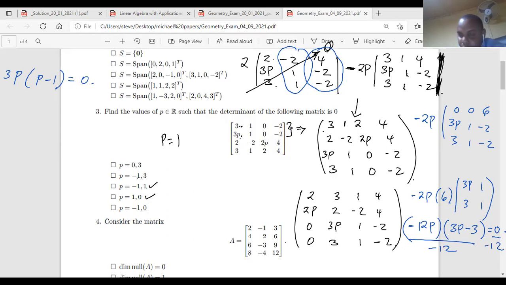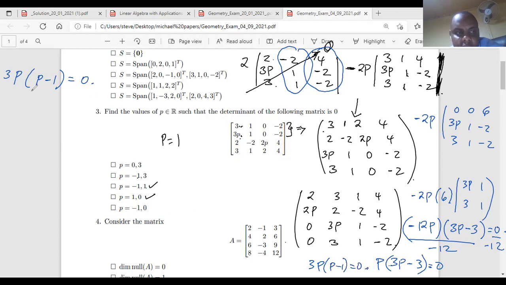Okay, so how did you get 3p? When I divided that, I got 3p minus 3 equals 0, and I also had p. So I factored out 3. I got 3p, then I had p minus 1 equals 0.